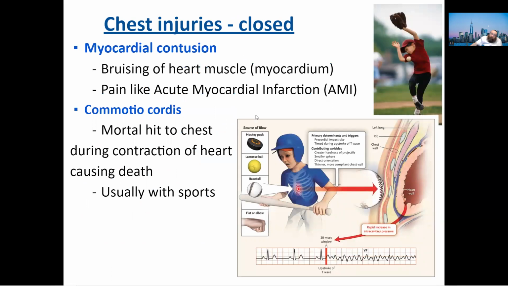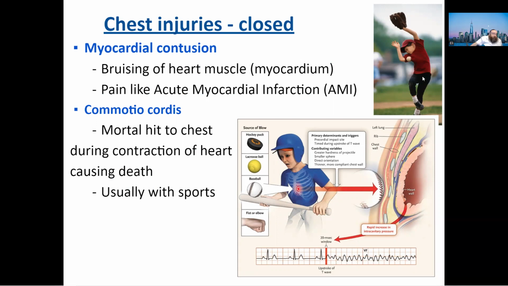This happens mainly in sports, but it's important to know. Okay, it's important to know. What's going on here is that this kid is the pitcher, and he sent a fastball to the batter, and the guy hit the ball and whacked it right into the pitcher's chest.